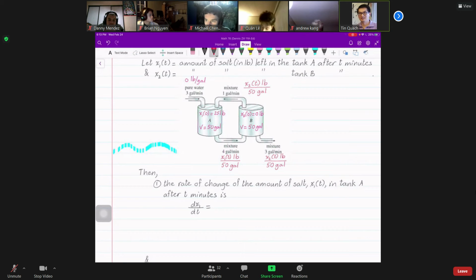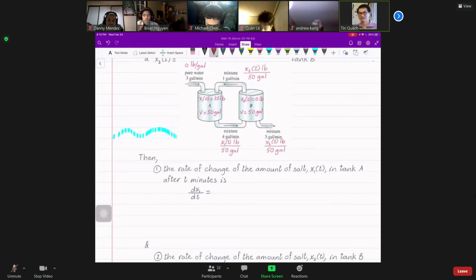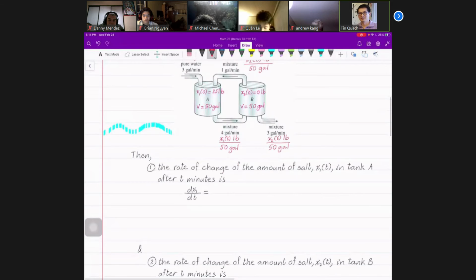So now let's get a differential equation for tank A. Okay. So what is the rate of change of salt in tank A after t minutes? So after t minutes, all right, at time t, right?